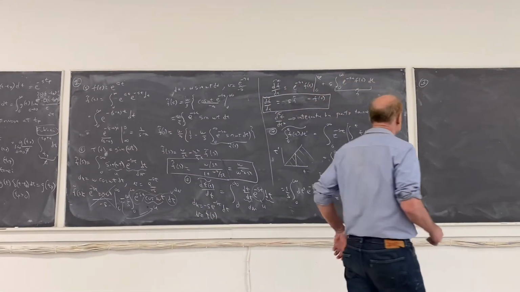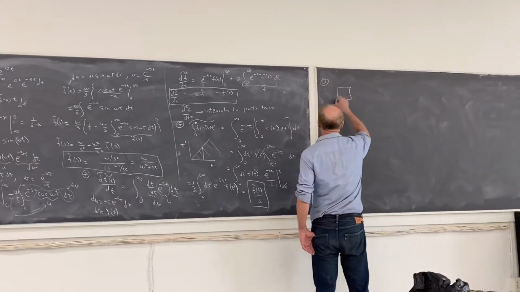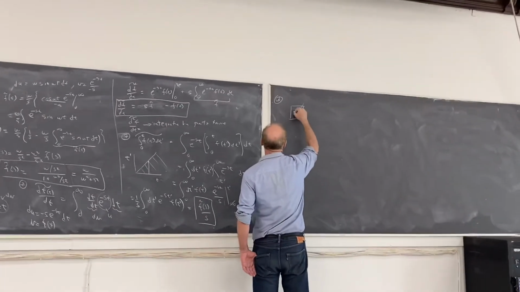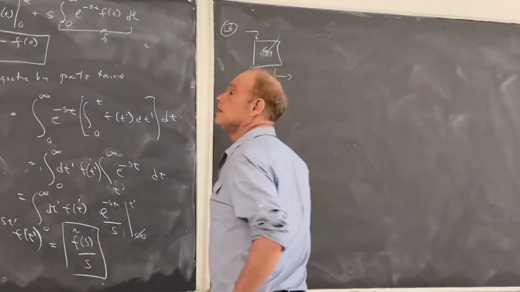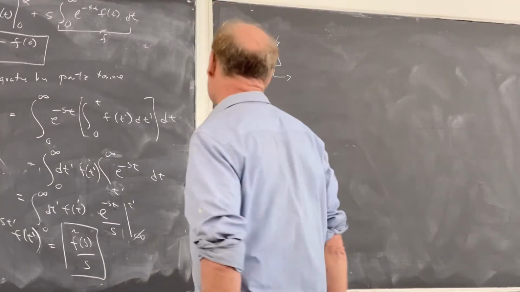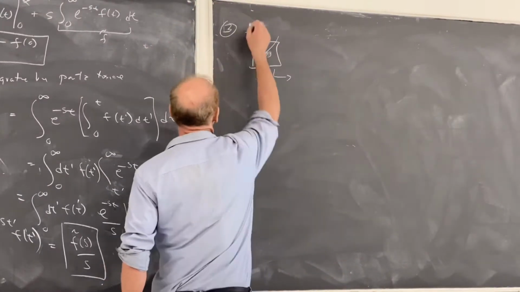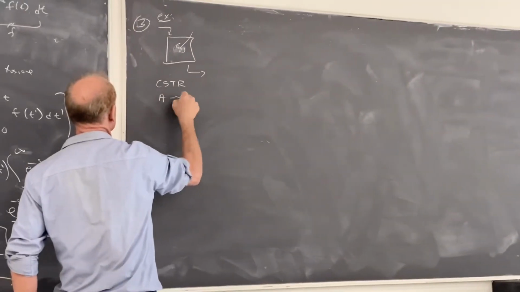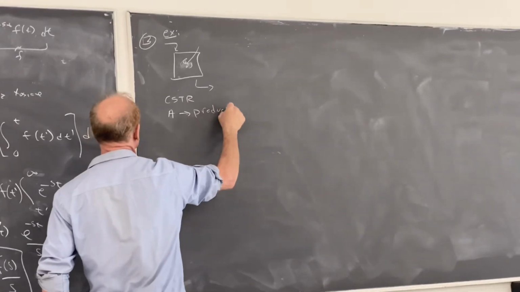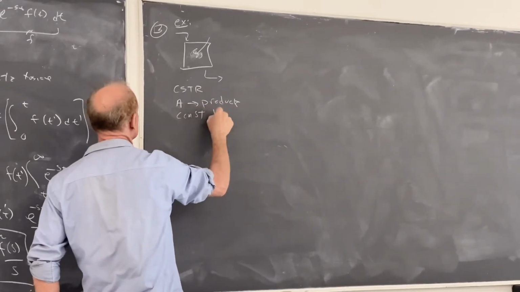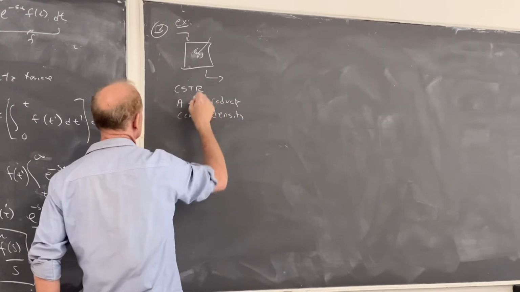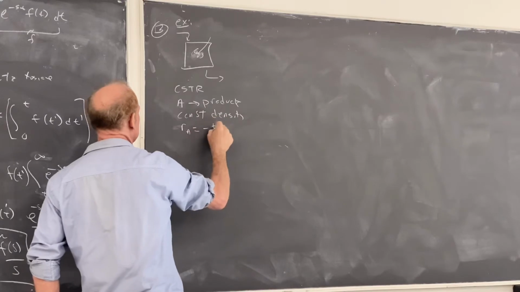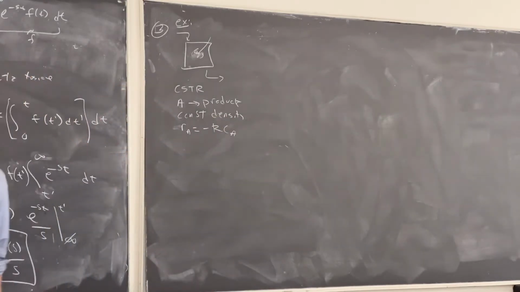So why don't we look at an example? Let's look at an example that we did previously by the old method, where we did a lot of algebra. So here's a CSTR with a first order reaction, constant density, so RA is minus k CA.